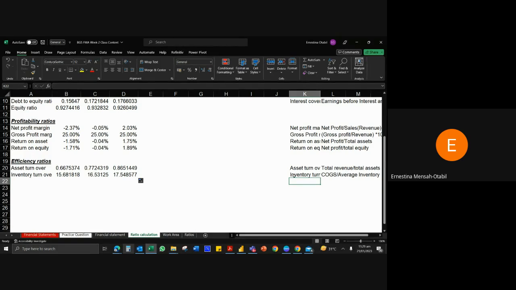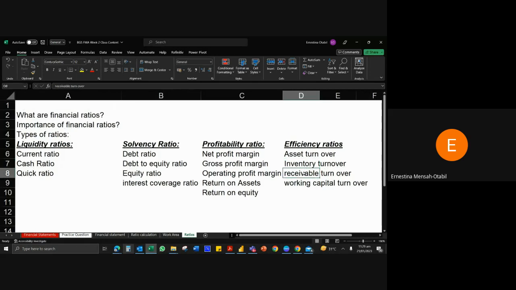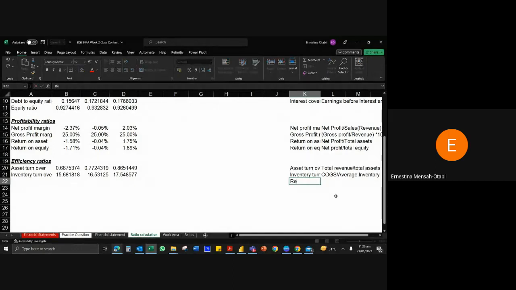Now let's move on to the next one, which is the receivable turnover. So what is receivable turnover?